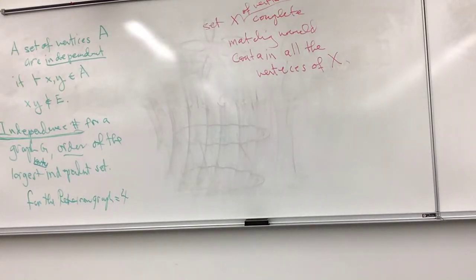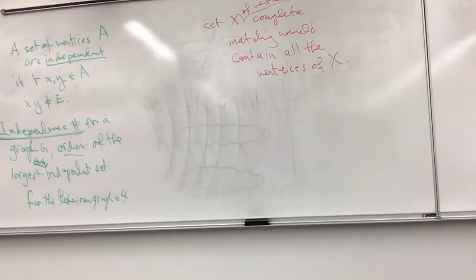Well, let me see. If I look at A on the top of page 265, could I have a matching that contains all the vertices in that graph? On part A, the graph is labeled G, could I have a matching that contains all the vertices in this graph?